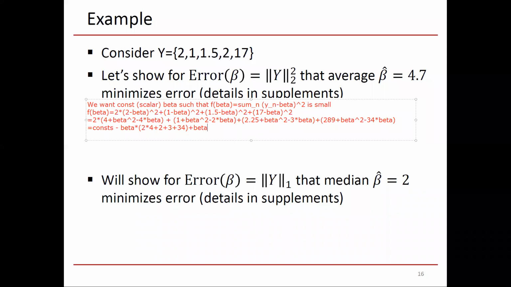And finally, beta squared is multiplied by 2 in the first expression, then 1, 1, 1. So we have 6 in total. And recall that the length of the y vector is 1, 2, 3, 4, 5. Am I missing something? Hold on. So is it 5 or is it 6? 1, 2, 3. It's 5. Yeah, sorry about that.